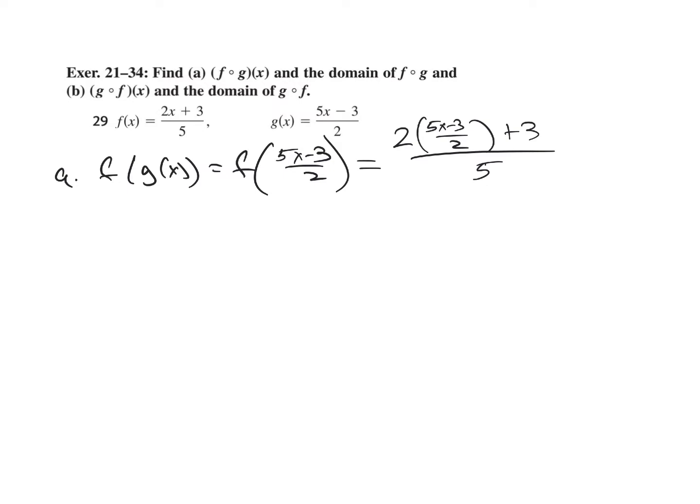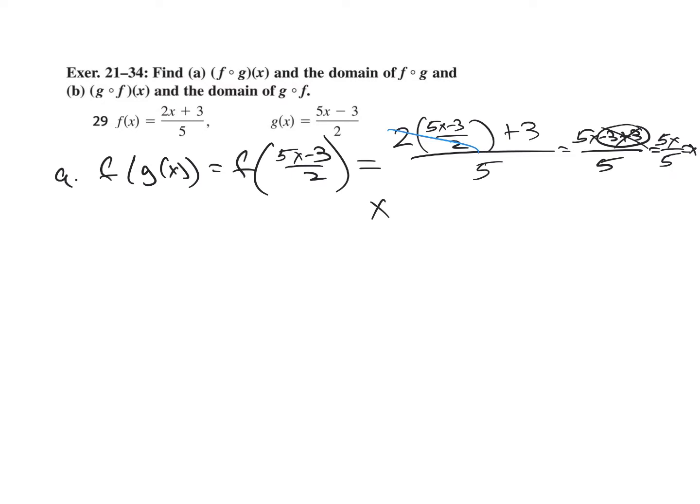So if we simplify this, the 2's will reduce out, and you're left with 5x minus 3 plus 3 all over 5, and negative 3 plus 3 is gone, so we have 5x over 5, which is just x. So that answer is just x. 5 over 5 is 1.